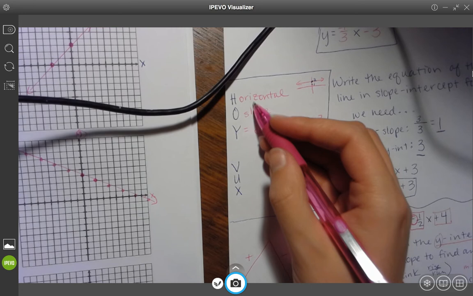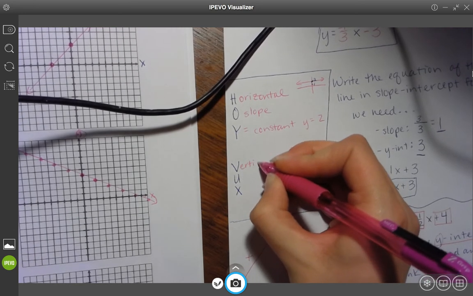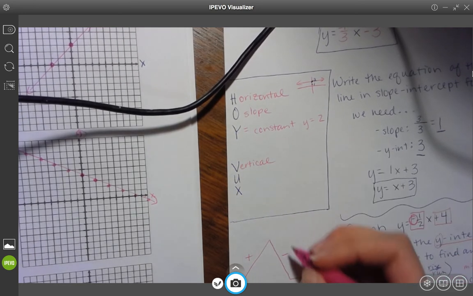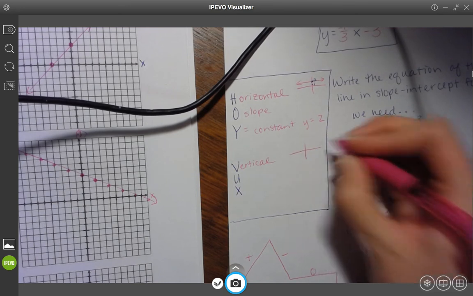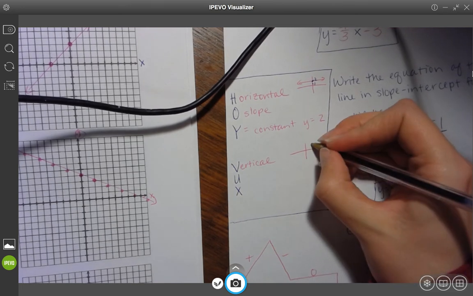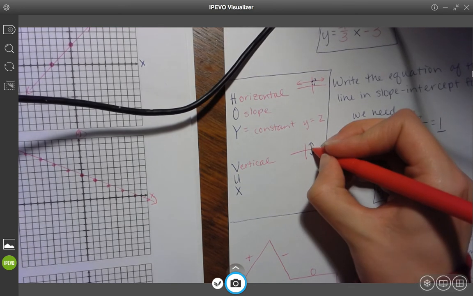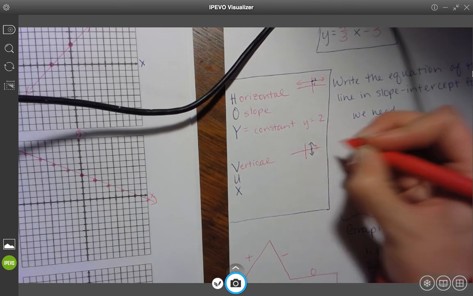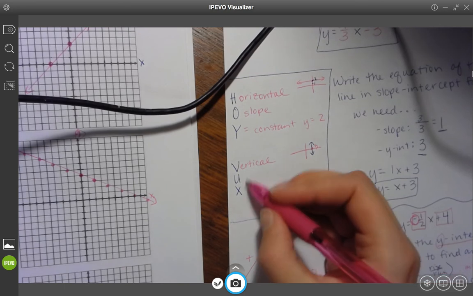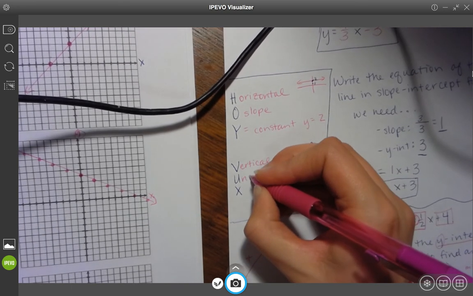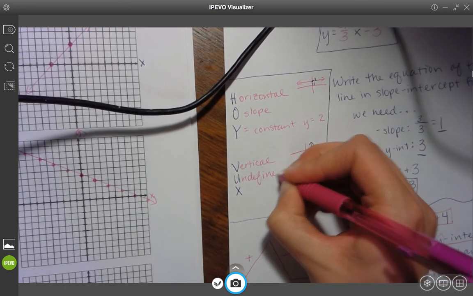VUX, instead of horizontal, we're talking now vertical. So if I were to graph it, it would be something like that. Let's say that this is 3. Instead of a 0 slope, we now have an undefined slope.